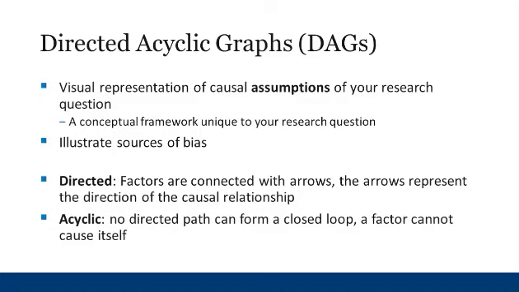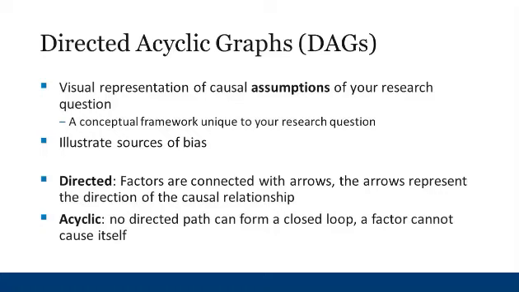But they can help you really conceptualize your research question. They are visual representations of causal assumptions of your research question. It's basically a conceptual framework that's unique to your research question. And they are great for illustrating some of these sources of bias that I just talked about: confounding, endogeneity, looking for effect modification, and mediators.